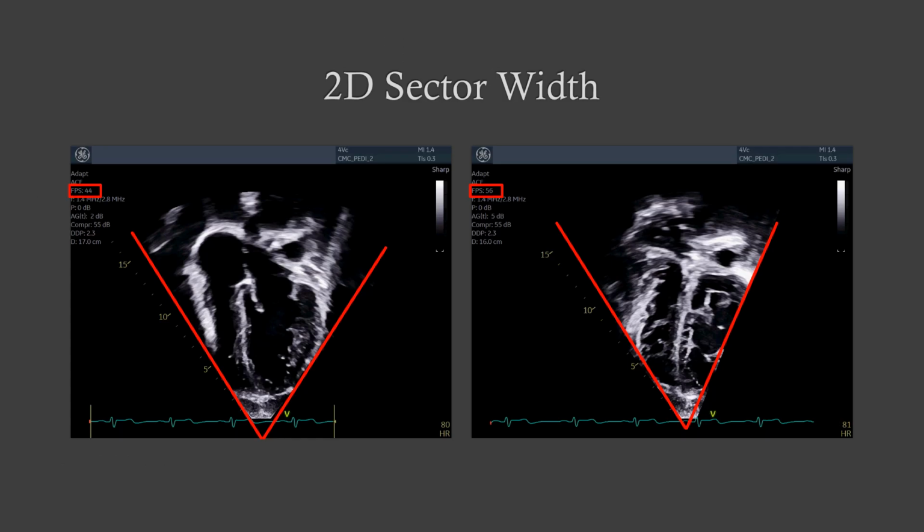Here we have examples of images with wide versus smaller sector width and how the frame rate increased from 44 frames per second on the left-hand side image compared to 56 frames per second on the right-hand side clip, just by adjusting the sector width a little bit.